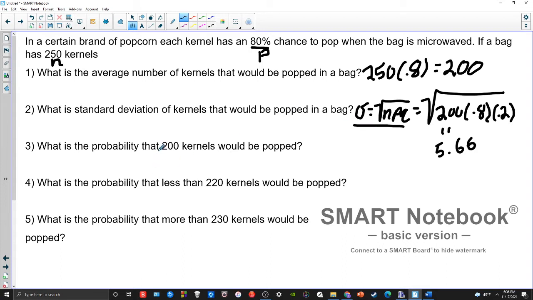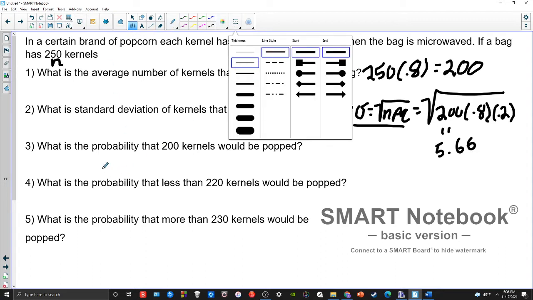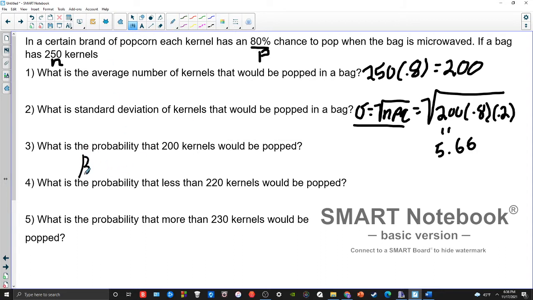What's the probability that 200 kernels will be popped? So we want exactly 200, right? Exactly 200 kernels. So that's going to be a PDF thing. So we're going to do binomial PDF. The n goes first, 200. The p goes second. We have an 80% chance of being popped. And then how many kernels do we want popped? Well, I made a mistake here. Caught myself.